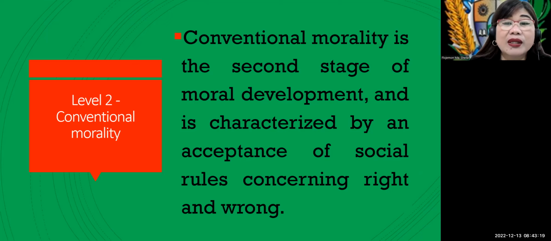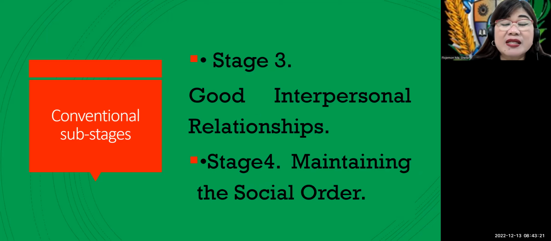Okay? So what are the two substages of the conventional level? Stage 3 is good interpersonal relationships. What is this about? This is when the child or every individual is good in order to be seen as a good person by others.